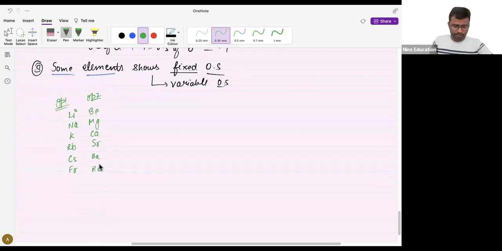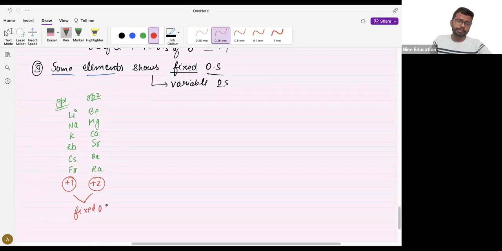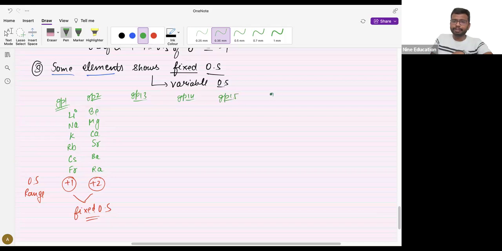Done. So see, group number 1 has +1 oxidation state. Group number 2 will have +2 oxidation state. These oxidation states are fixed. But for group number 13, 14, 15, 16, 17, check.